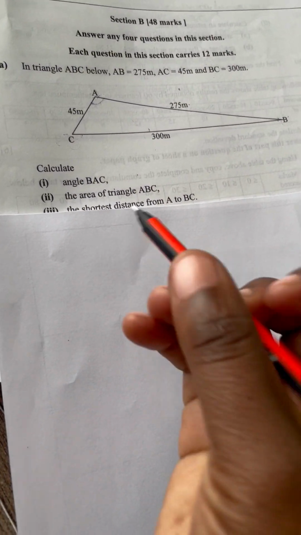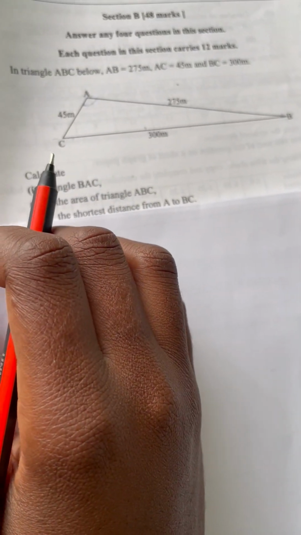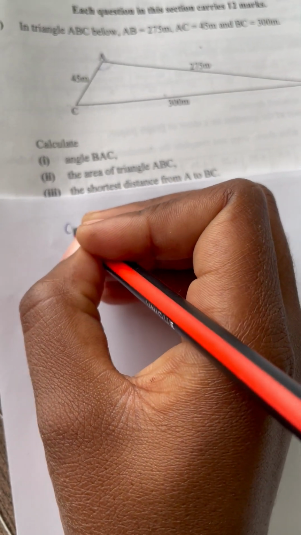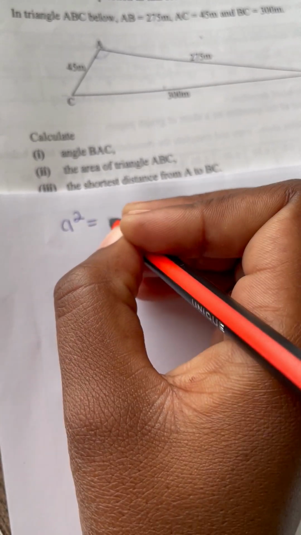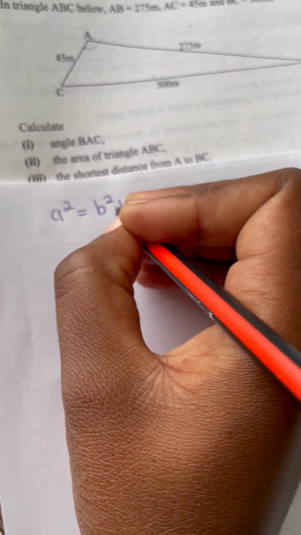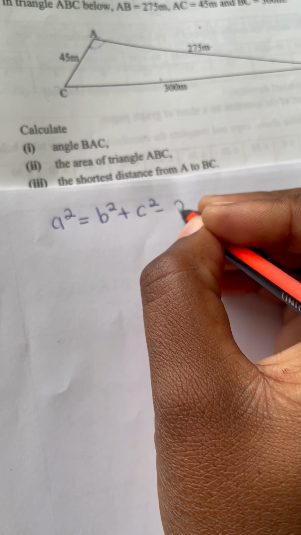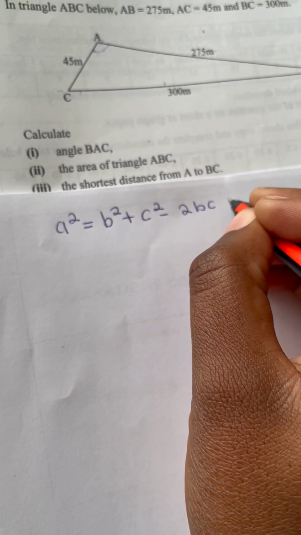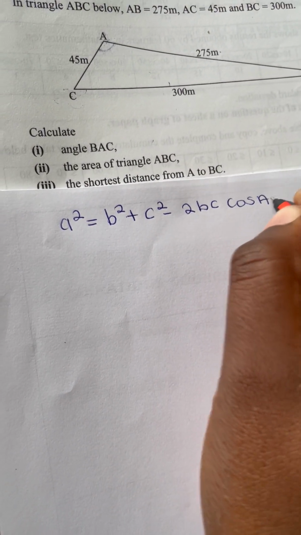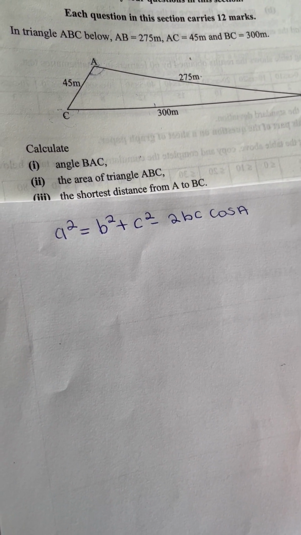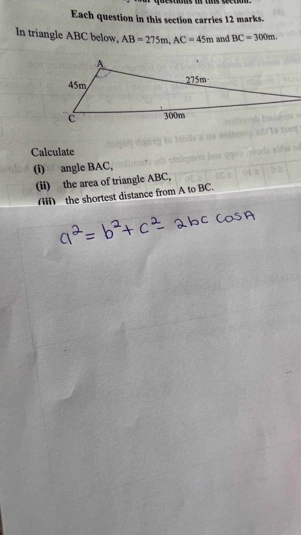So we find this angle by using the cosine rule, and the cosine rule is given by this formula. So we have our a squared, which is equal to b squared plus c squared minus 2bc cos A. So this is the formula that we are using. And about the formula, please do not worry about anything.